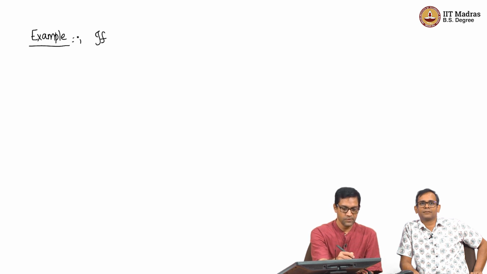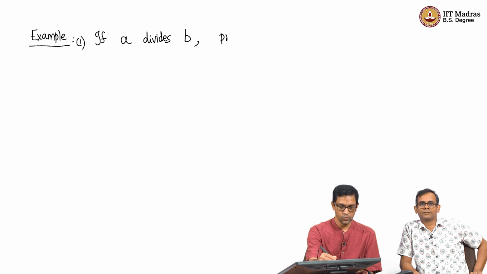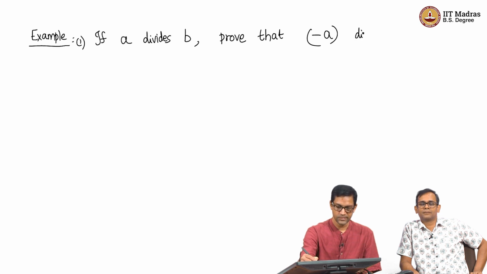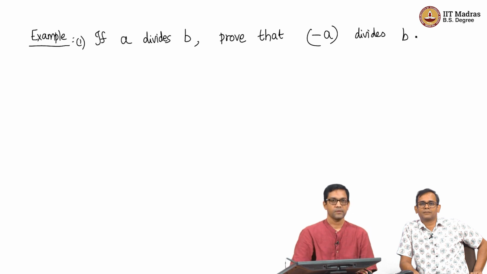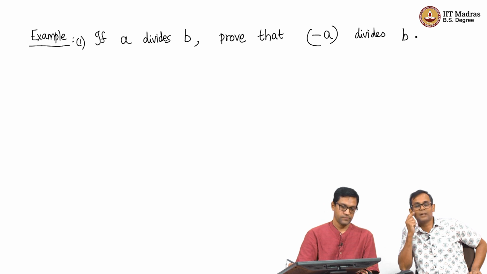So first example, if a divides b, prove that the integer minus a divides b also. Okay, so you're given that a divides b, a and b are integers, prove that the integer minus a also divides b.